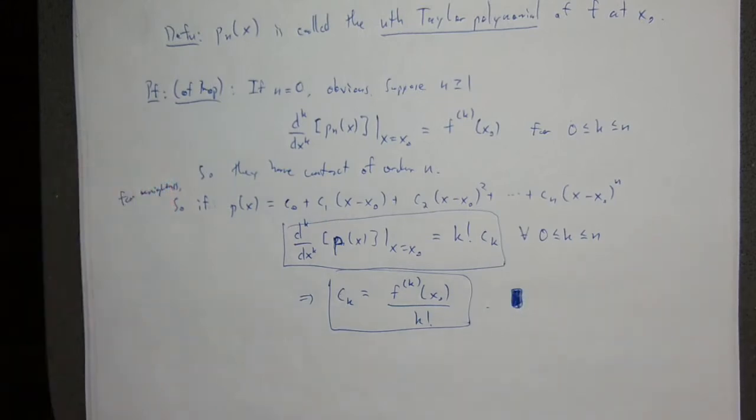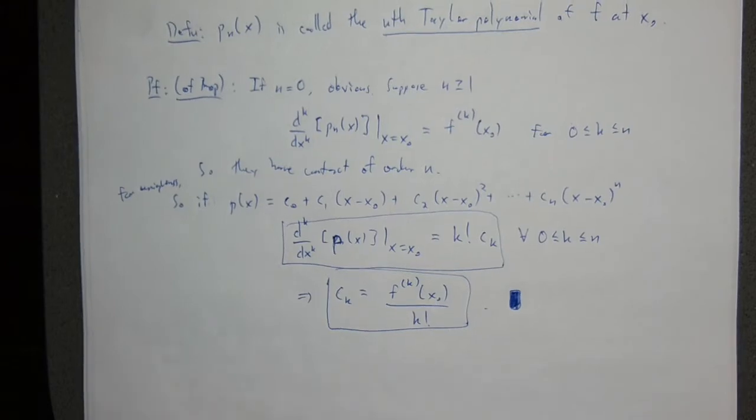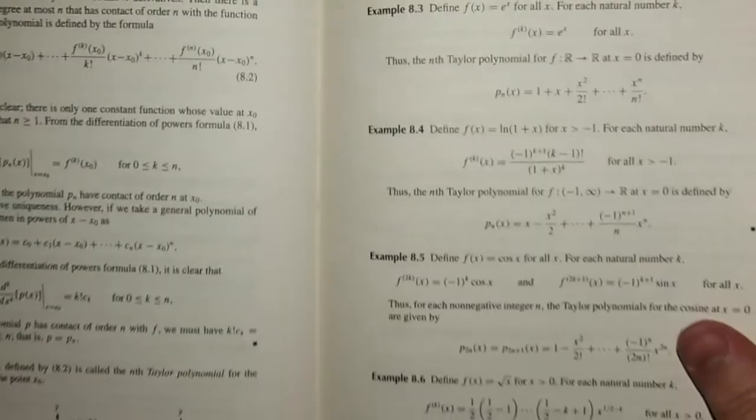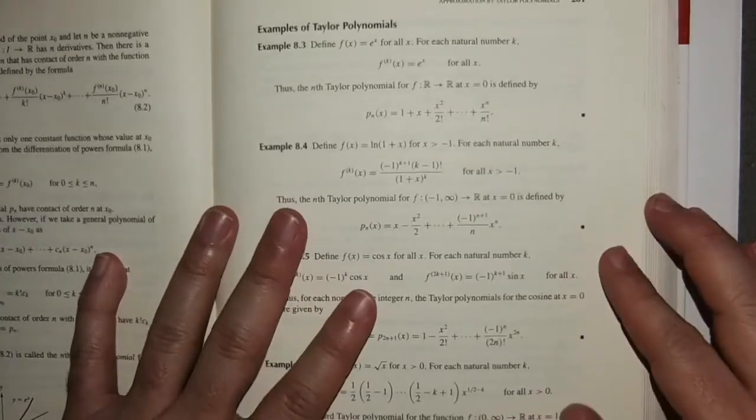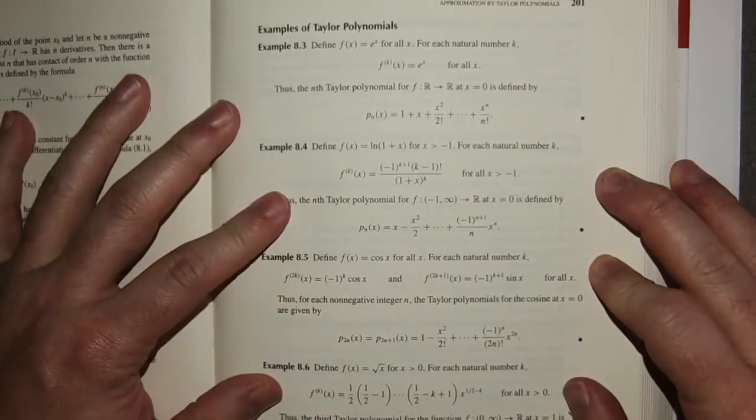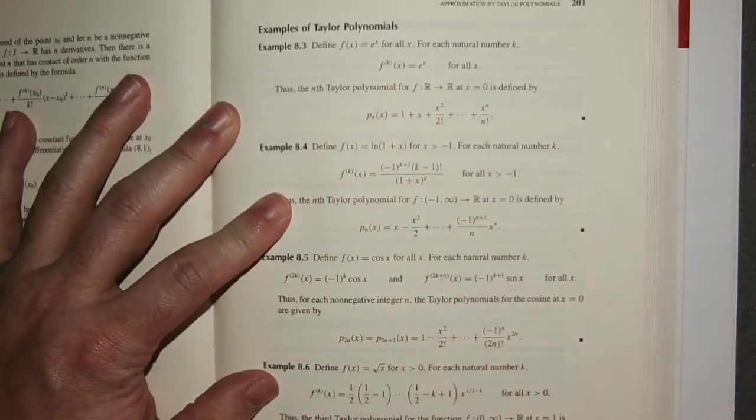Okay. So as I said before, the way to think about this is that the Taylor polynomial is the only thing this could be. And here's a list. I'm not going to write them out. There's a nice efficient list in your textbook of examples of Taylor polynomials.